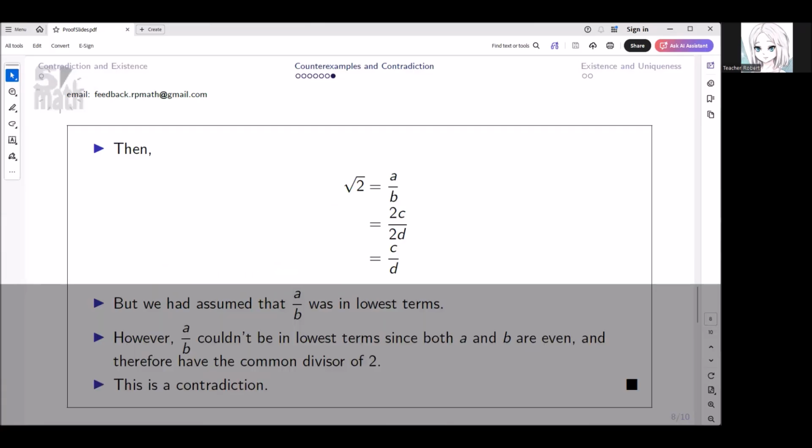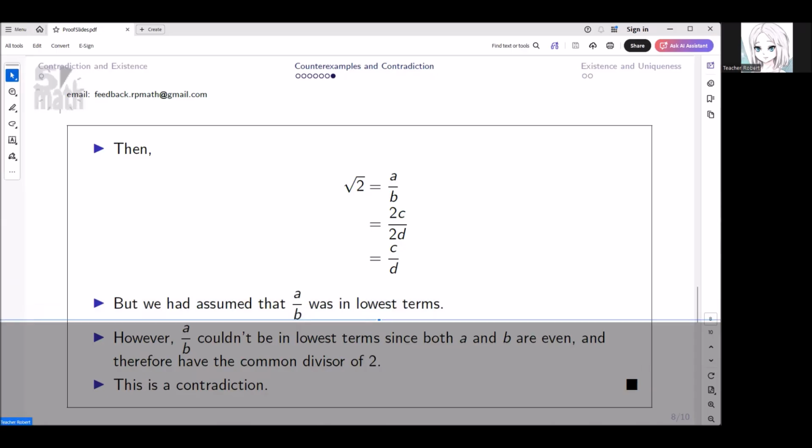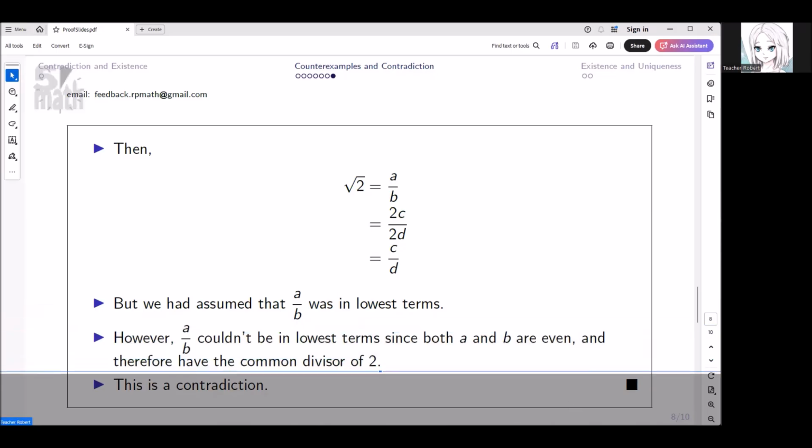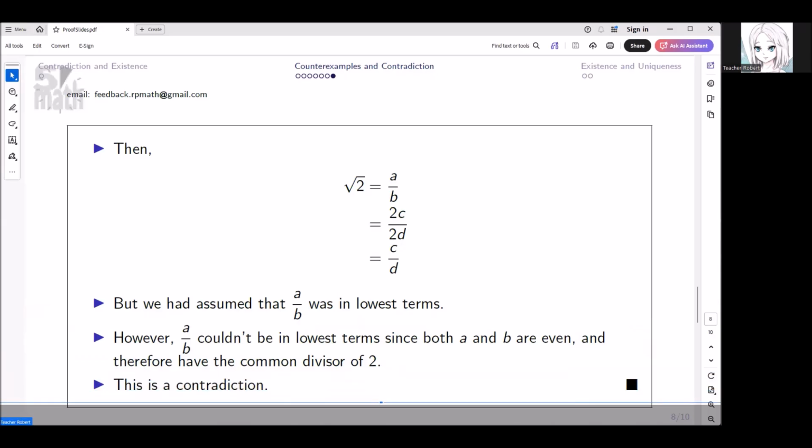Then, square root 2 equals a over b equals 2c over 2d equals c over d. But we had assumed that a over b was in lowest terms. However, a over b couldn't be in lowest terms since both a and b are even, and therefore have the common divisor of 2. This is a contradiction.